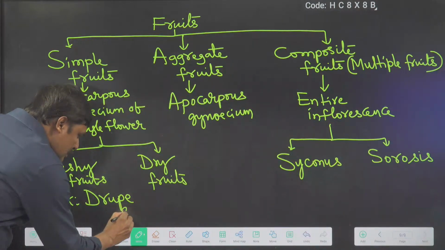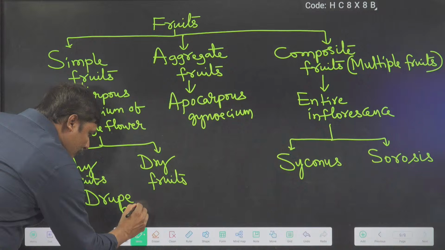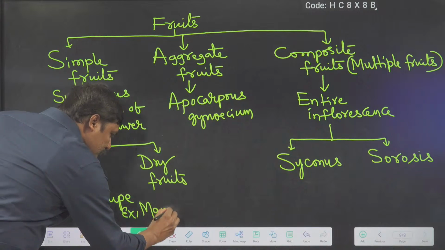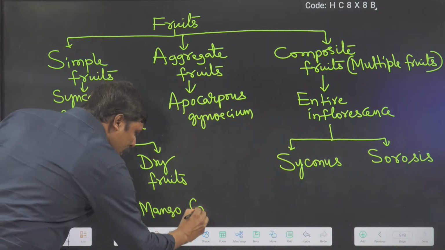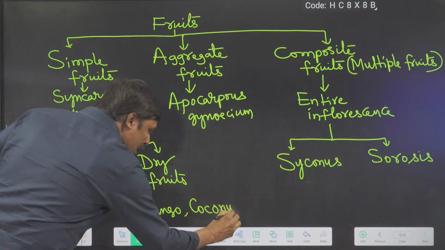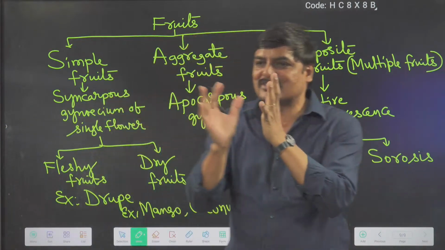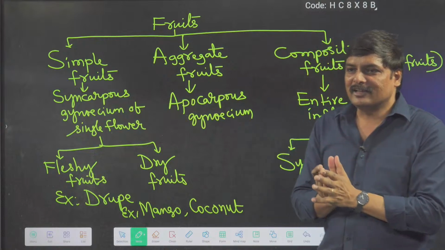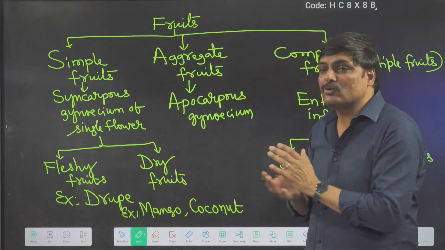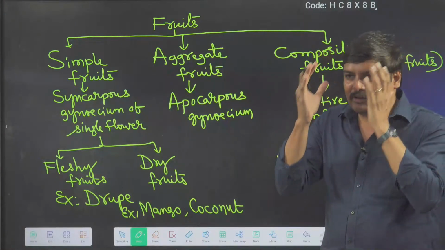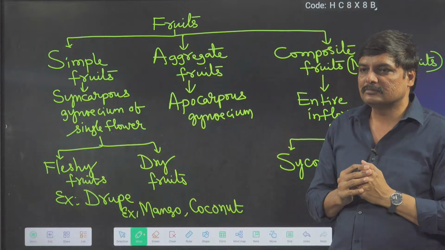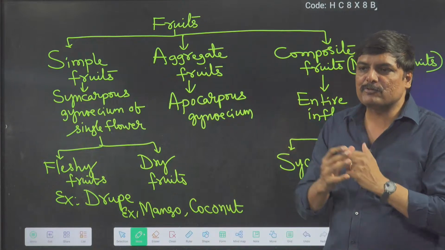These drupes are seen in mango and coconut. Mango and coconut are examples of drupe fruits. There are several types of fleshy fruits. Mango is a fleshy fruit. Guava is a fleshy fruit.